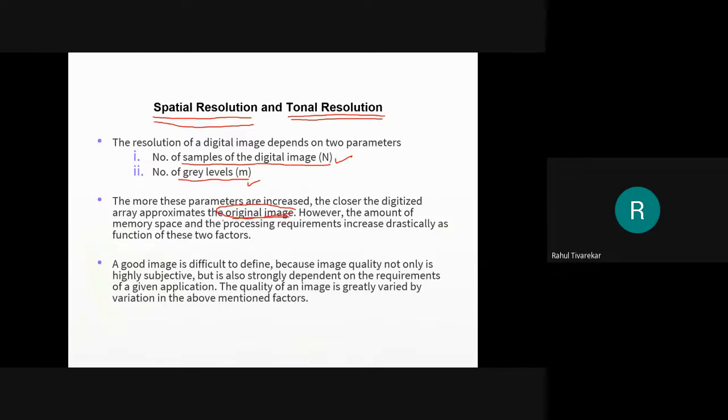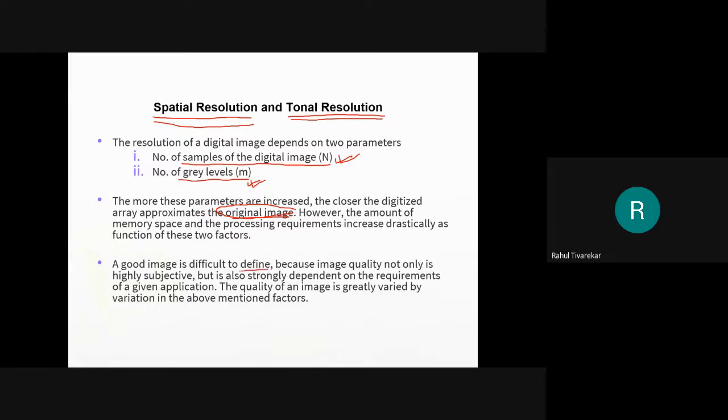However, the amount of memory space required to store that will increase. If you use a larger number of pixels, you have to use a large amount of memory. If you use a larger number of gray levels, you will have to use more bits to represent each individual pixel intensity, and hence you will need more storage. So a good image is difficult to define.